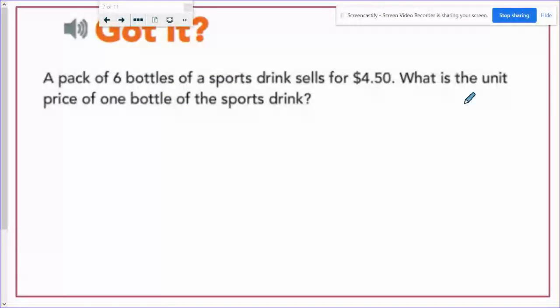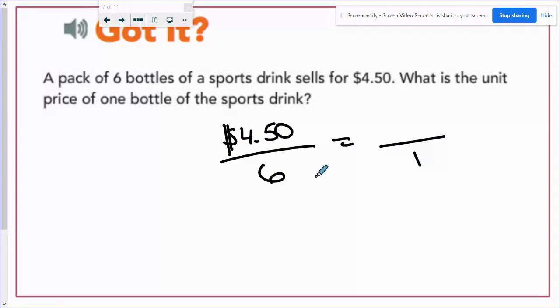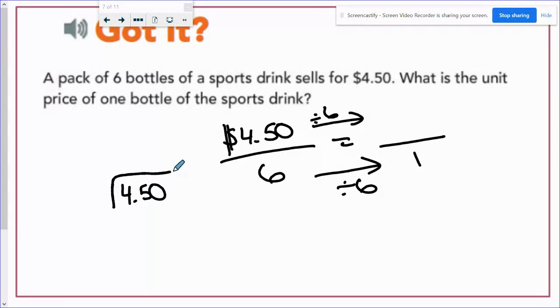All right, a pack of 6 bottles sells for $4.50. What is the unit price of 1 bottle? So we have $4.50 for 6, and we want to know the price of 1. So we are going to divide both terms by 6. $4.50 divided by 6. Remember, the first number always goes on the inside.